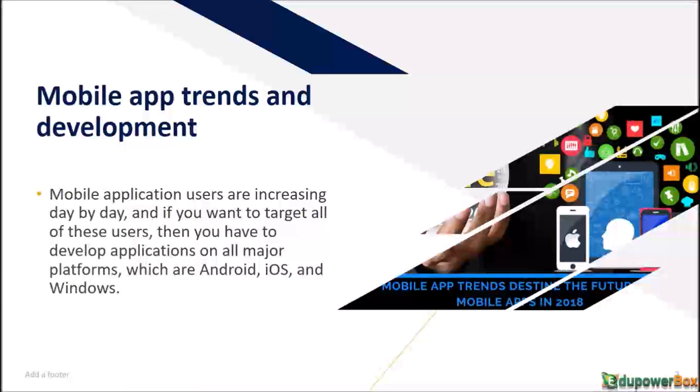So let me quickly talk about mobile app trends and development. Basically, mobile app users are increasing day by day. Most people are turning to mobile. They prefer to have apps downloaded on their phone so that it is very easy for them to access. And I believe you might want to target all the users, that is, people using iOS, Android and Windows.